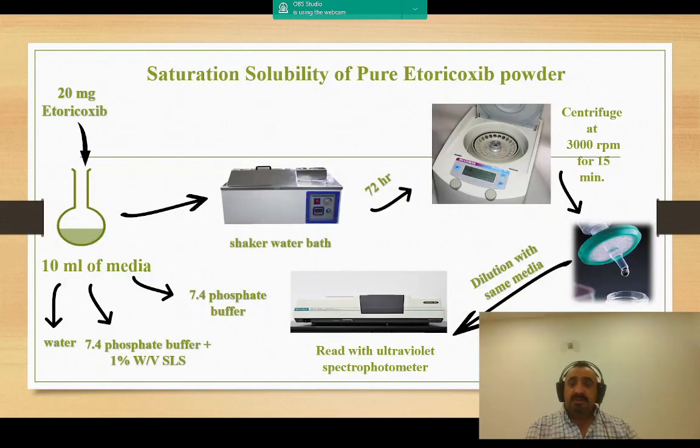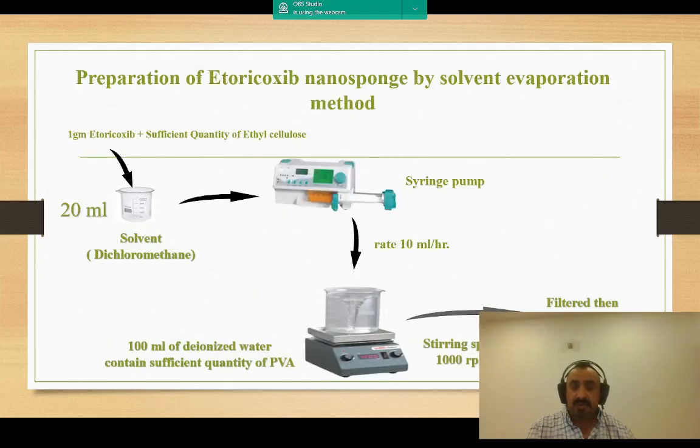We start our work by examining the saturation solubility of pure Etoricoxib powder in three media: water, phosphate buffer 7.4, and phosphate buffer 7.4 with 1% weight per volume SLS, sodium lauryl sulfate, and we prepare 10 formulations.